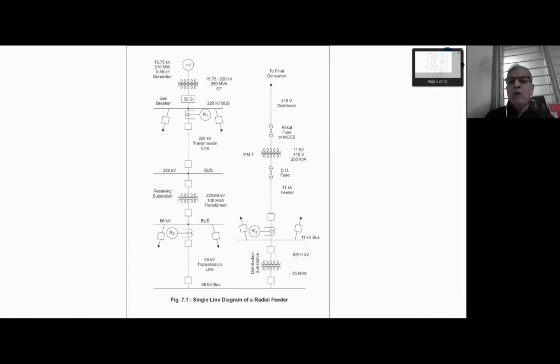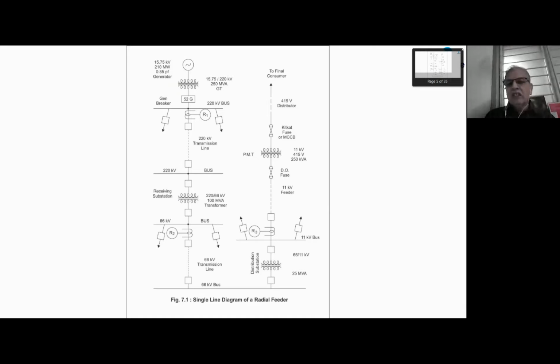The pole mounted transformer, as you can see, has on the secondary side a fuse, or in modern times people use MCCB, that is molded case circuit breaker. On the primary of the pole mounted transformer, for the protection of the pole mounted transformer itself, a DO fuse, that is dropout fuse, is used.